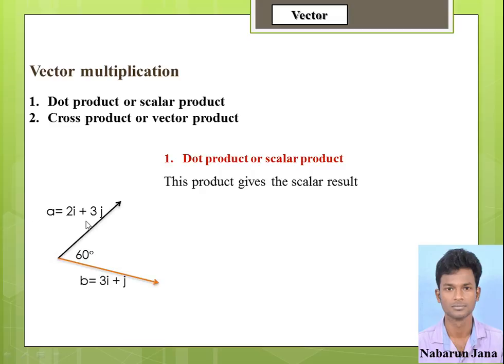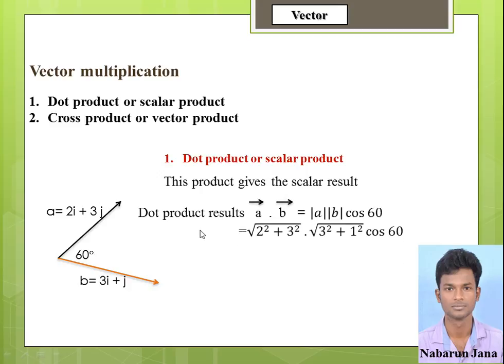Say this is a vector a, 2i plus 3j, and this one is a vector b, 3i plus j, and say the angle between them is 60 degrees. It is not correct, the angle between them is not actually 60 degrees, we should write it theta, but please assume it is 60 degrees. So the dot product a dot b equals mod of a into mod of b into cos of the angle between vector a and vector b.